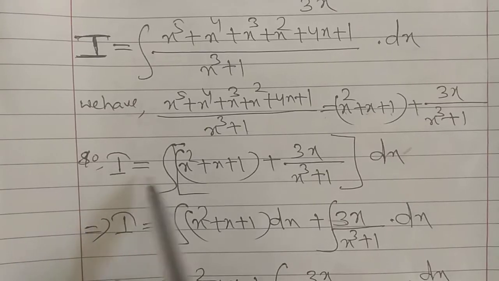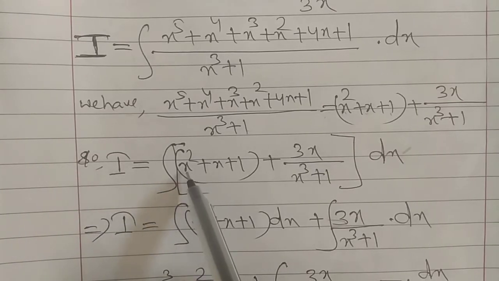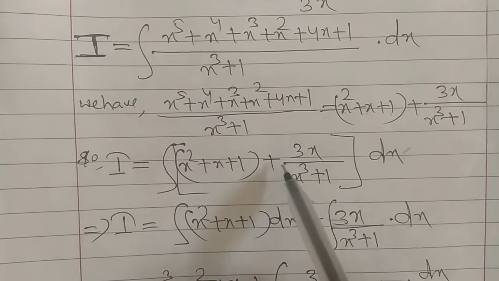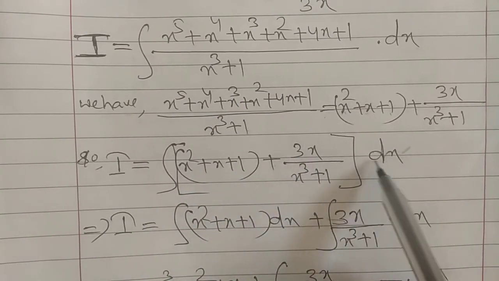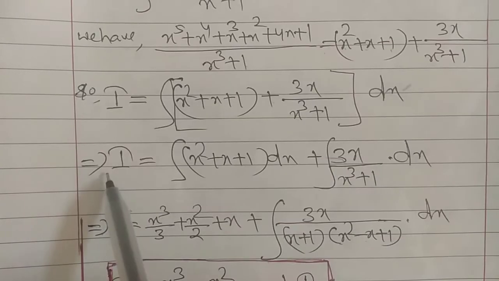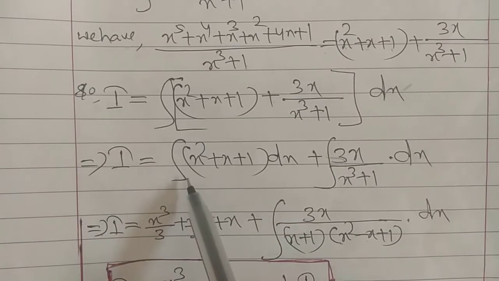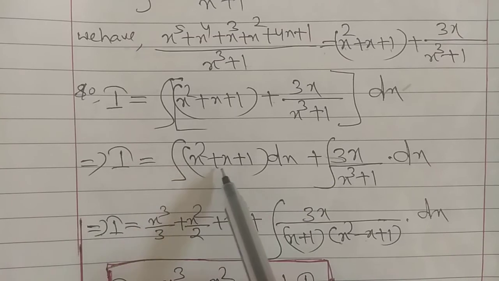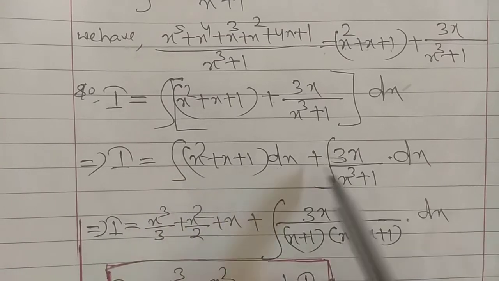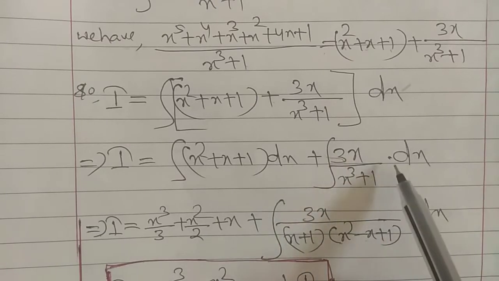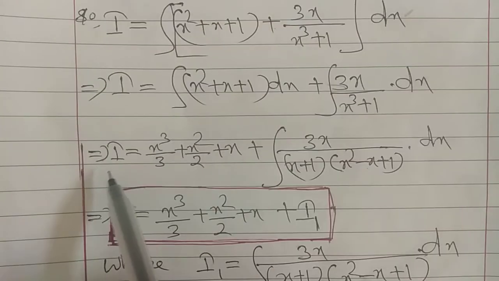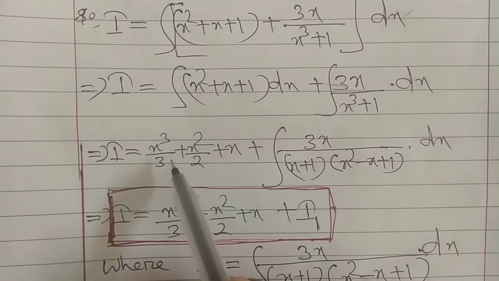So I is equal to the integration of x^2 + x + 1 + 3x by (x^3 + 1) into dx, and this implies I is equal to the integration of (x^2 + x + 1) dx plus the integration of 3x by (x^3 + 1) into dx.